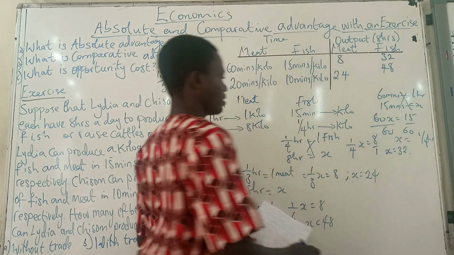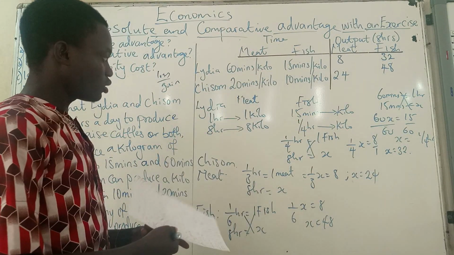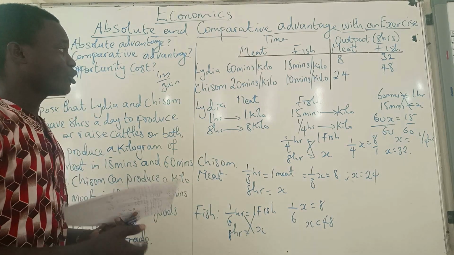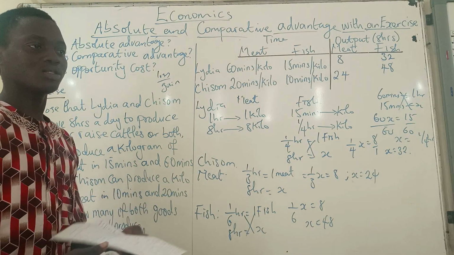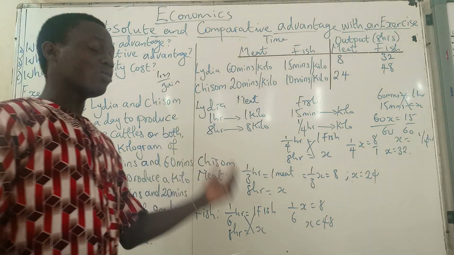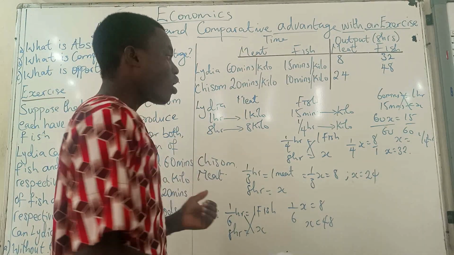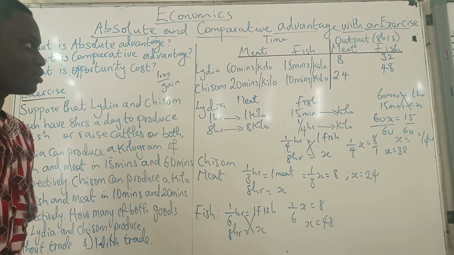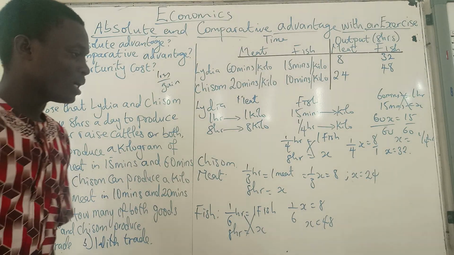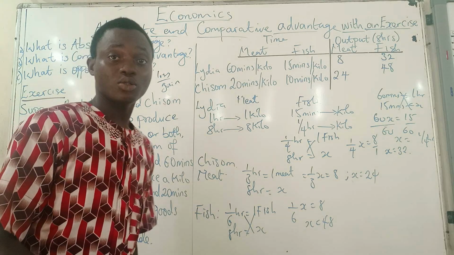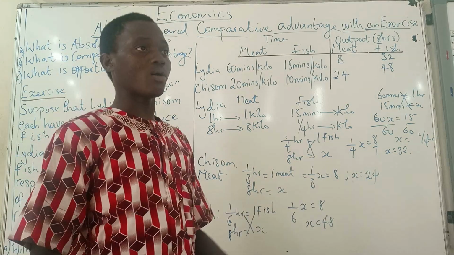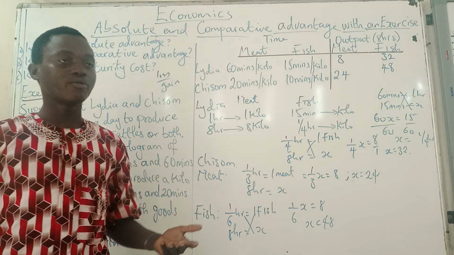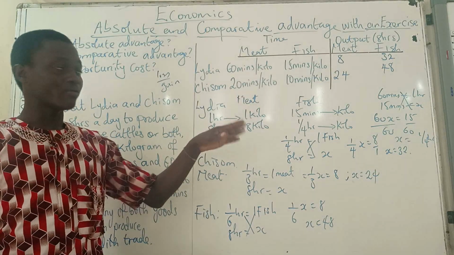So we are going to plot this on our PPC. This is one of the things that they could choose to do. They could decide that they are going to produce only meat using all of their 8 hours, or produce only fish using all of their 8 hours. Or, since they are not open to trade, they could decide to divide their hours into 2, devoting 4 hours to the production of each of the commodities.